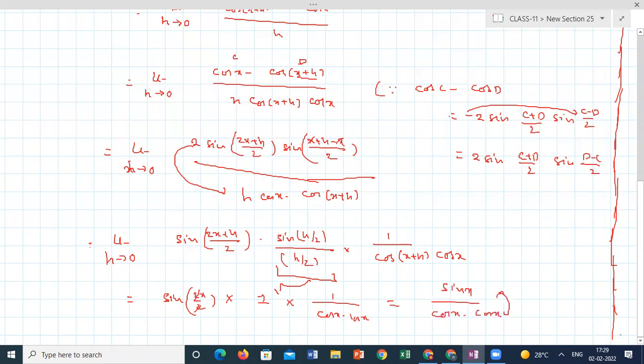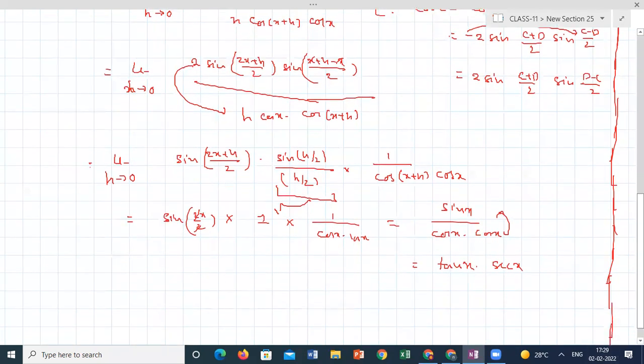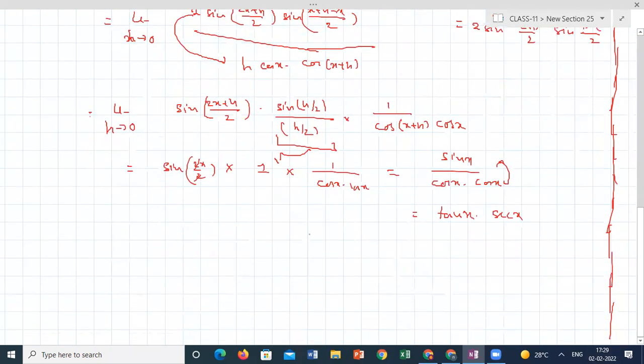When I take one cos to the numerator, sin x by cos x can be written as tan x, and 1 by cos can be written as secant x. So finally, I arrived at a formula: d by dx of secant x is equal to secant x into tan x.